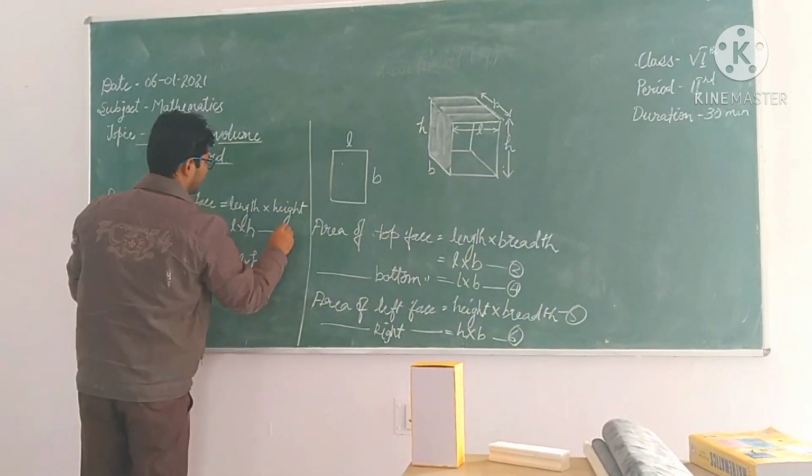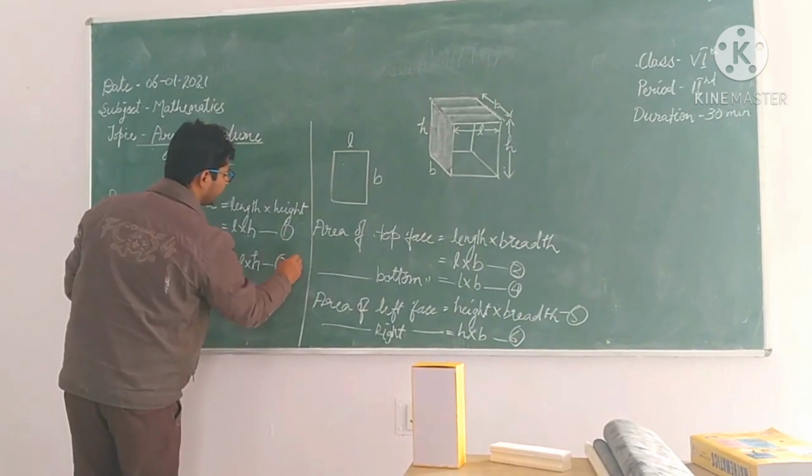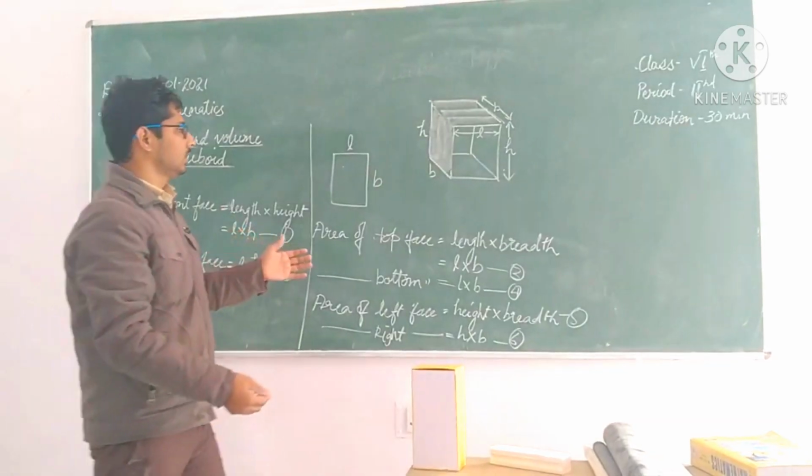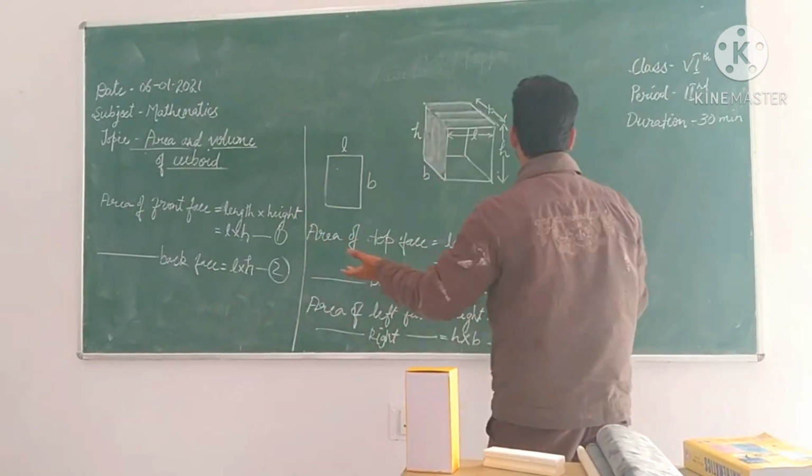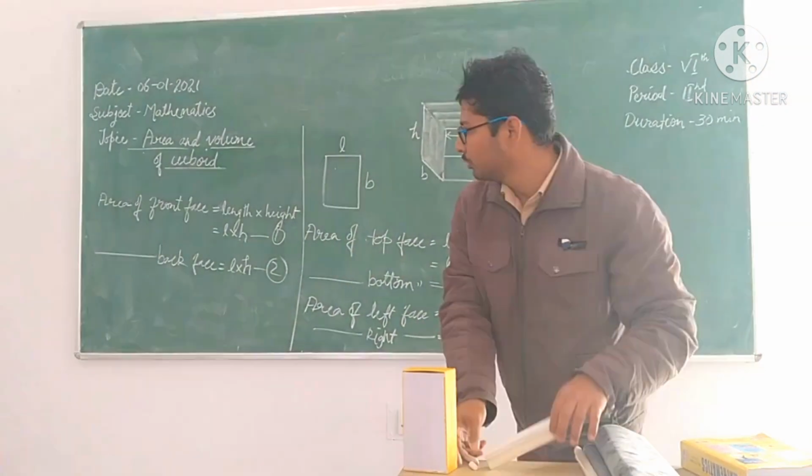We will add all these faces to get the area of the cuboid. So the area of the cuboid will be the sum of all 6 faces. So I am going to rub it.